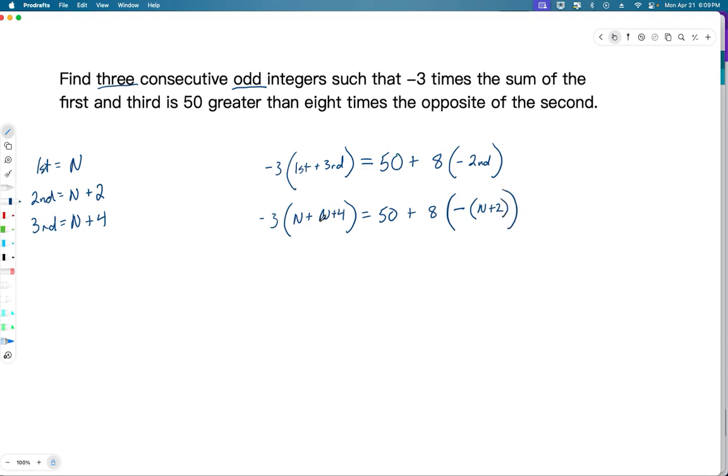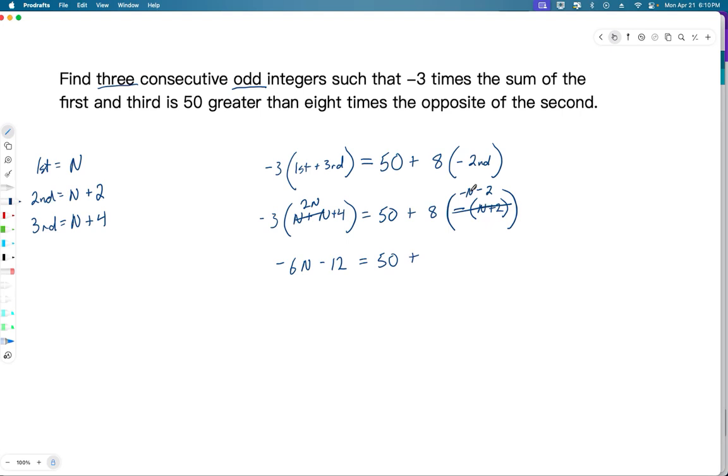All right, so I'm going to distribute n plus n, that's 2n. So 2n plus 4, right? Negative 3 times 2 is negative 6n. Negative 3 times 4 is negative 12. So I have 50 plus. So this is going to be a negative n and a negative 2. So I'm going to change that. Negative n minus 2.